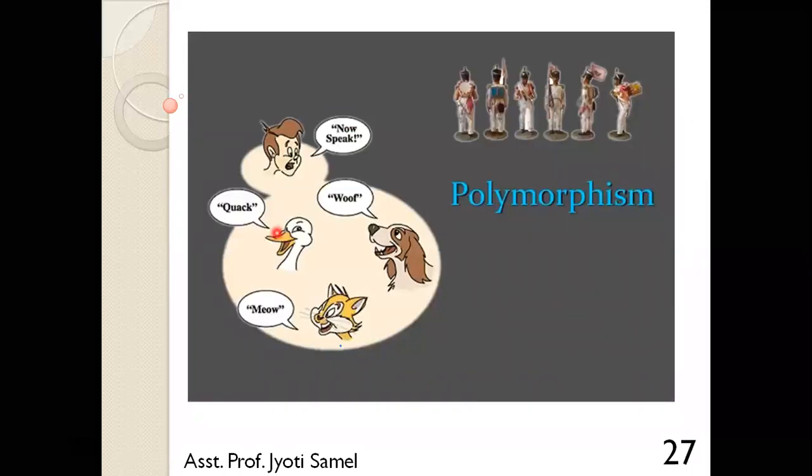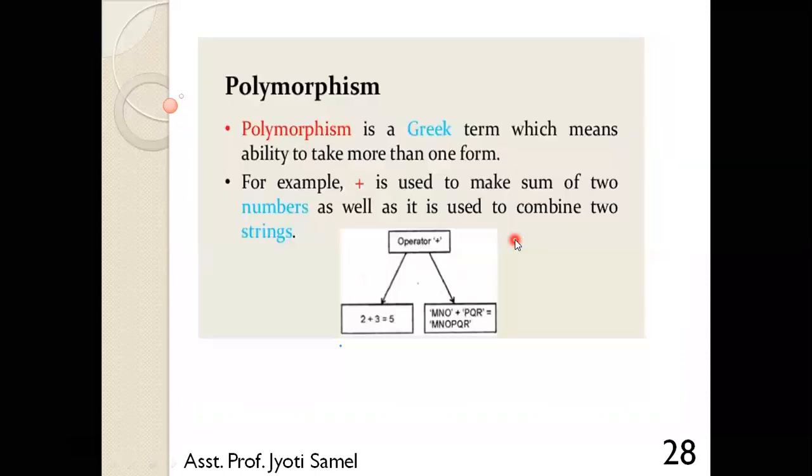We are coming to the next concept, which is known as polymorphism. What are we seeing? Speak. The sound of a duck is different, a wolf is different, a cat is different, but all are speaking.